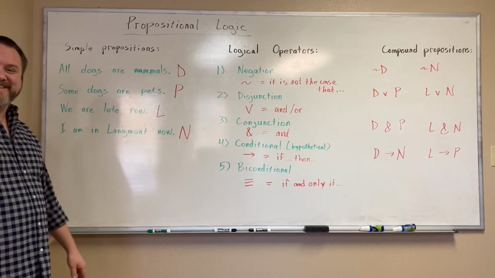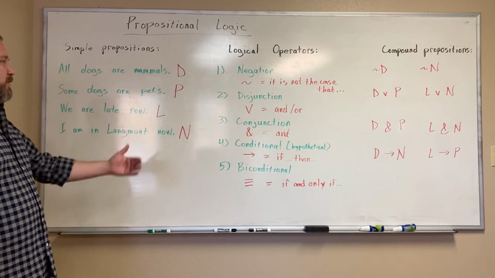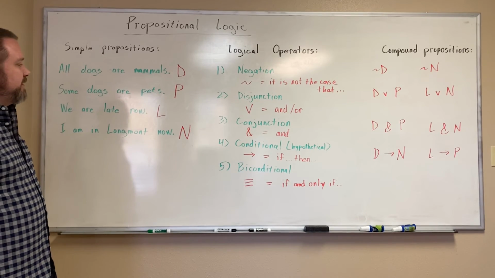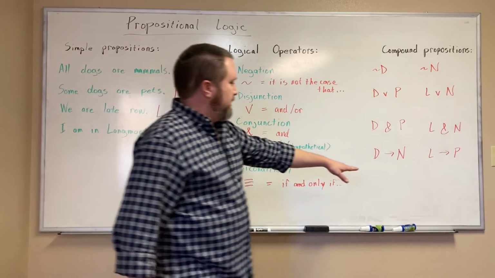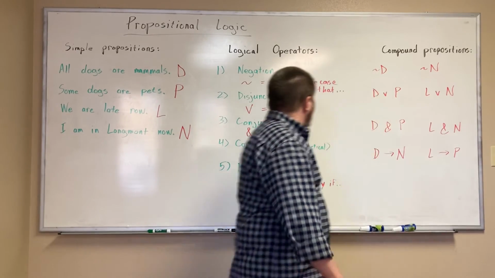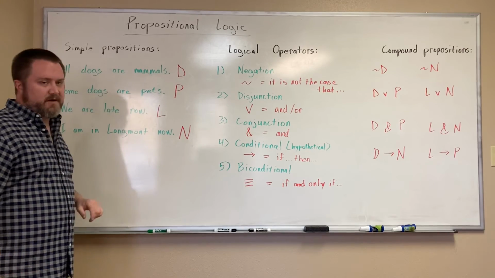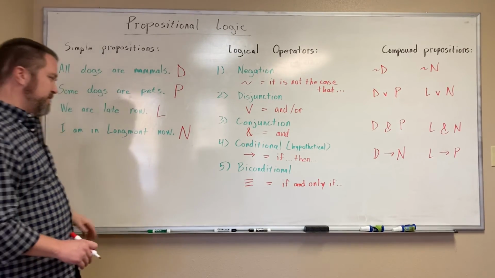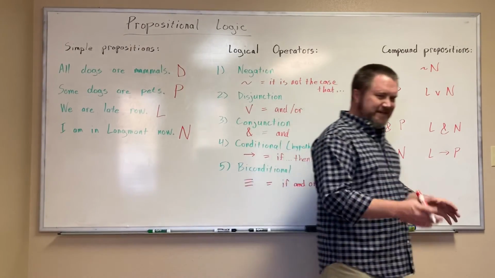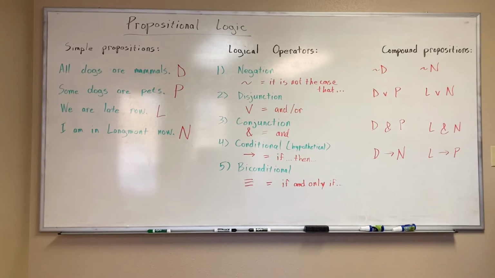It's a weird statement to say, but that's what the operators are telling us. If L, then P. If we are late now, then some dogs are pets. Also sort of nonsensical, but you'll see as we go through the semester that it makes more sense.